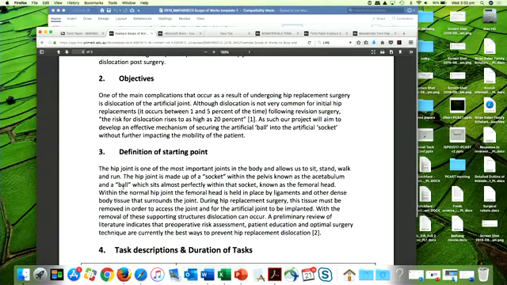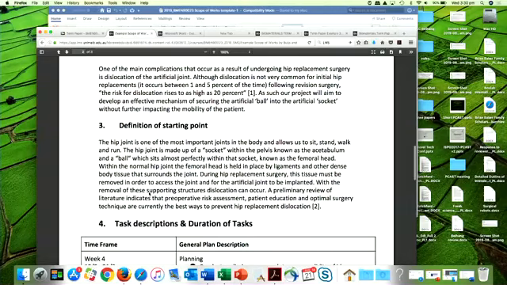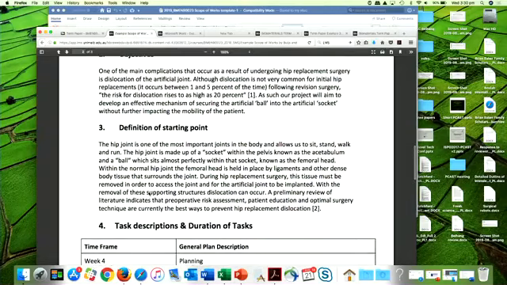This is the task. You may not have the specific idea how to improve the ball and socket, but you identify that all hip joints have a ball and socket joint, and you know there's this dislocation problem. And then the idea is, how do I want to solve this problem? So the problem is very specific.